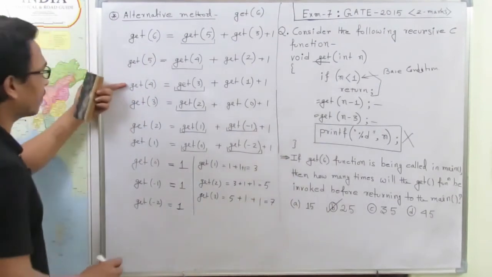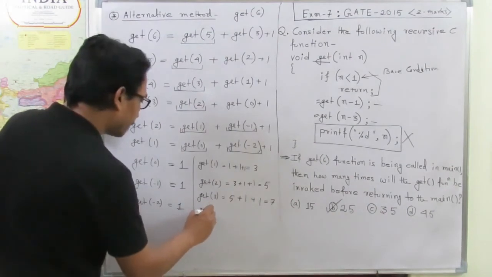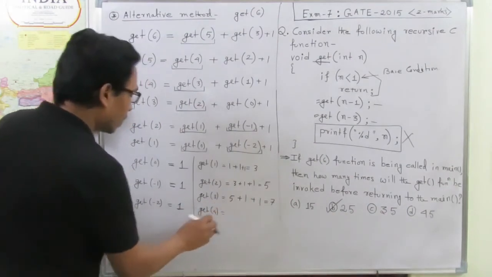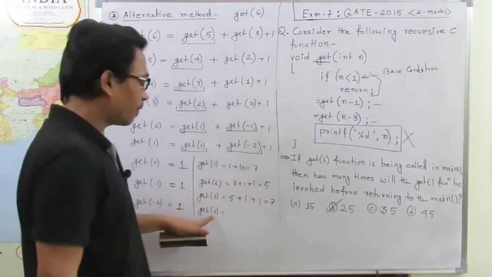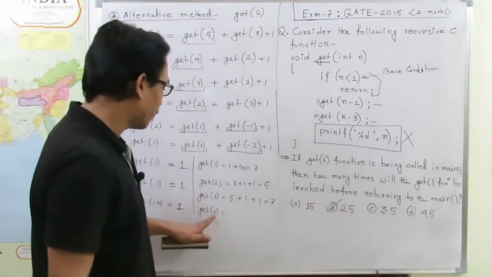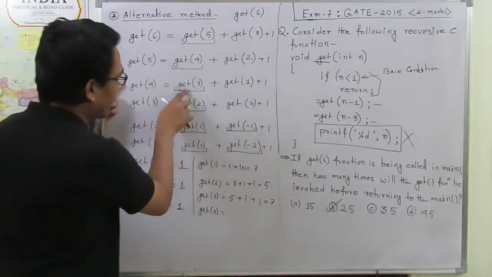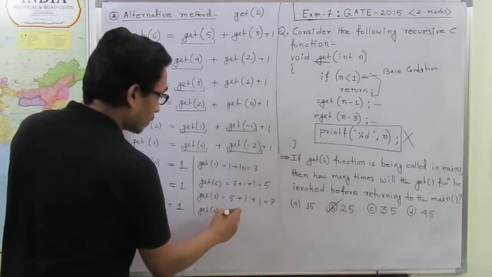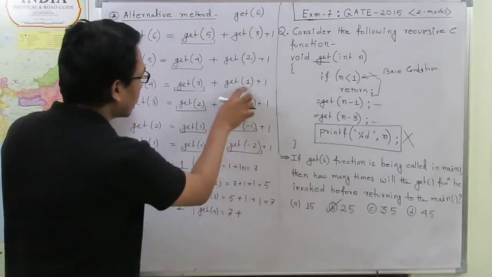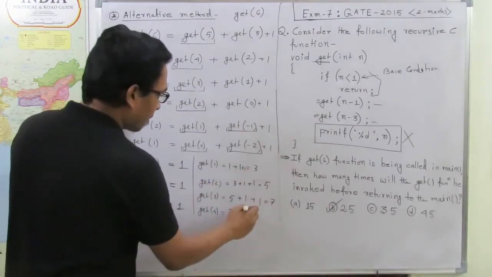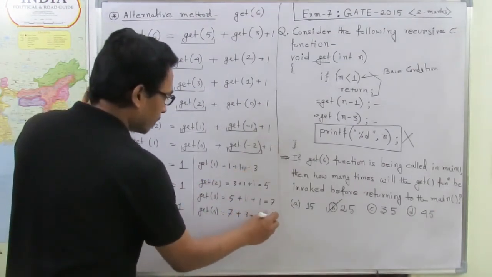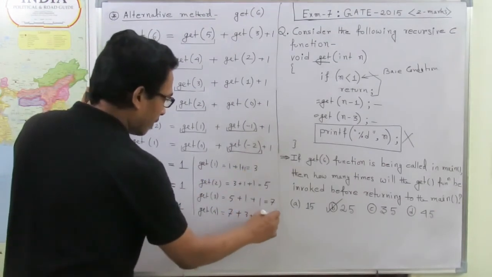Now the next one is get 4. The number of get functions invoked for parameter 4 depends on get 3 and get 1 plus 1. So get 3 gives us 7 plus get 1 gives us 3 plus 1. That means we have 11.